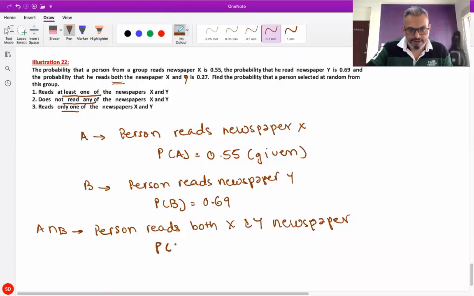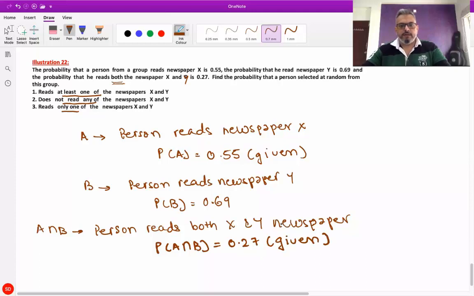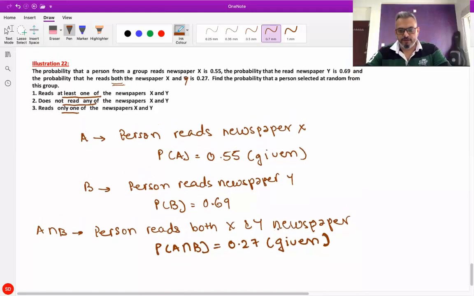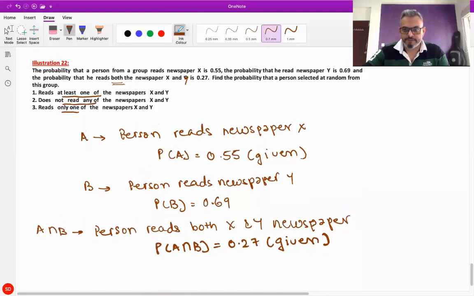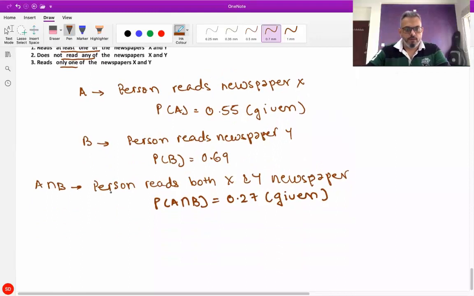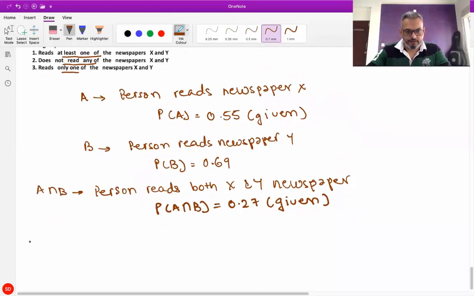So probability of A intersection B is equal to 0.27. This is also given. Now this is the information what we have. Now let's go to the first one.